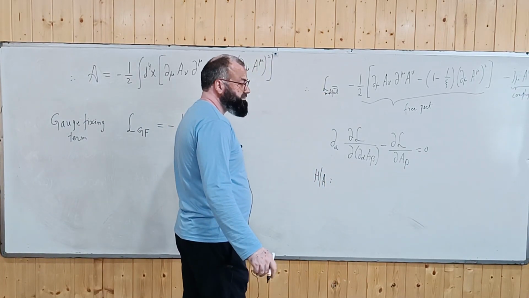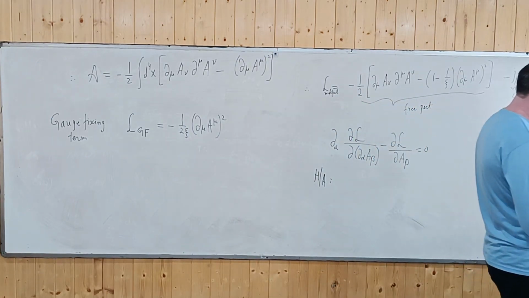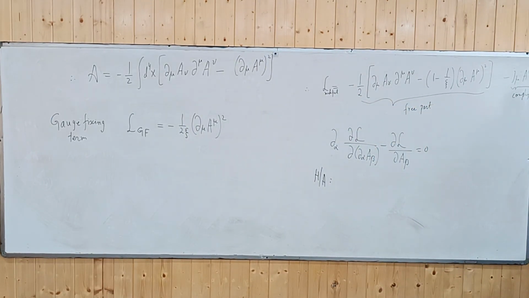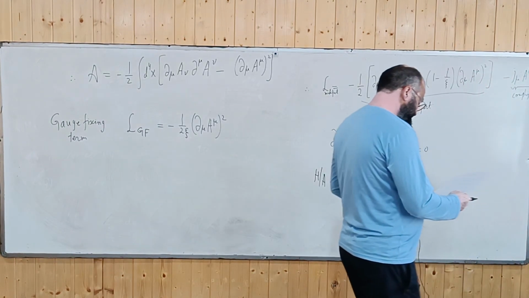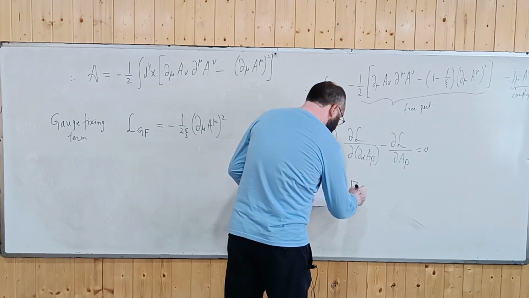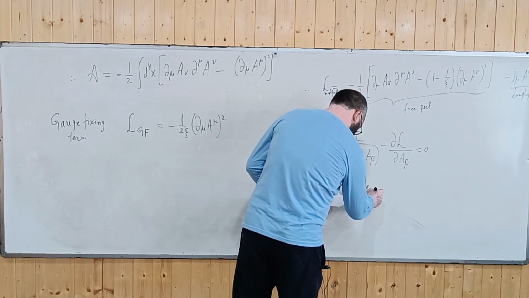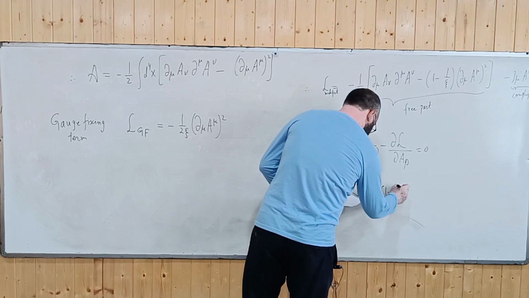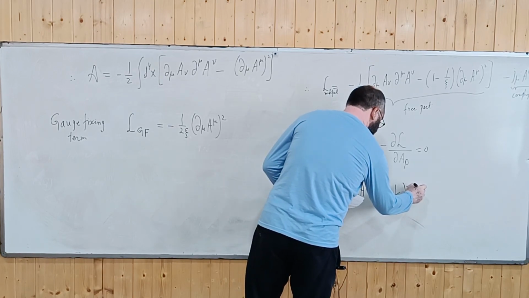Let me write it. It is the same thing we have obtained earlier, but with a little difference. The equation of motion you get is like this, minus 1 minus zeta partial mu.